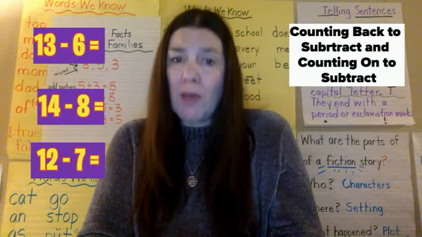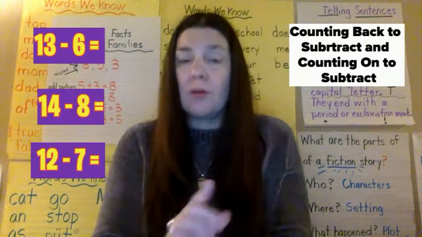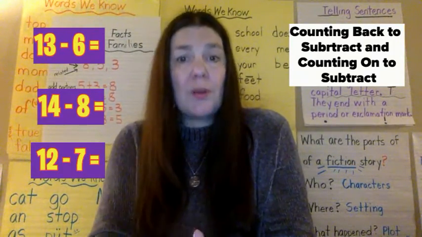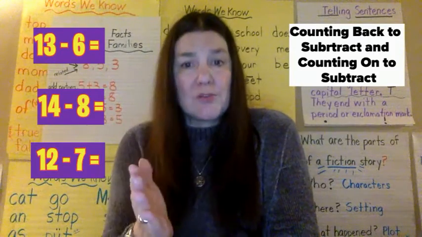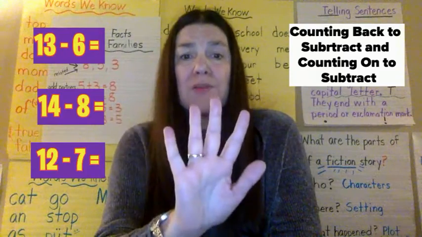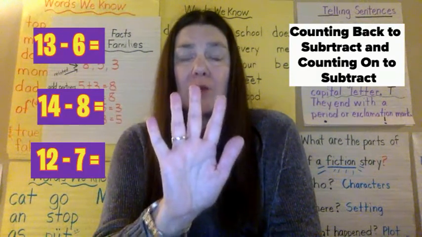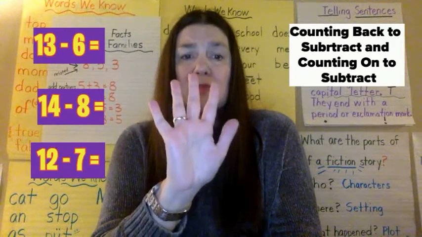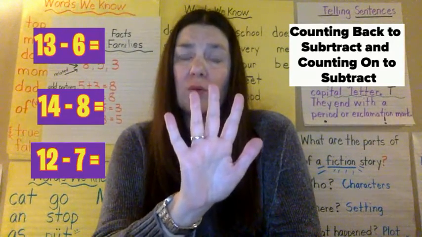So when you count back, you think the first number, you count backwards, and at the second number in the equation you stop, you speak it, and then you look at your hands. So 12 minus 7. When I counted backwards, I had 5 fingers up. That's my 5 spaces. So 12 minus 7 equals 5.